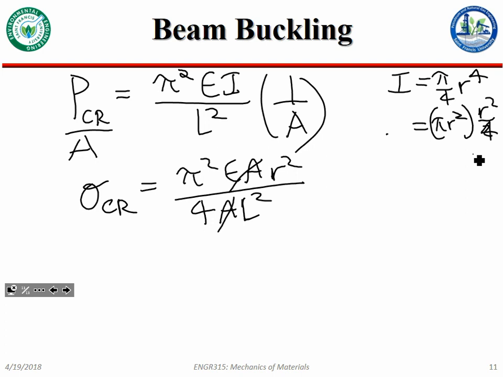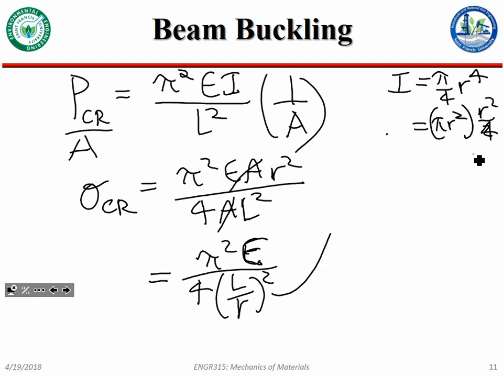Because I have area in the numerator and the denominator, I can get rid of area entirely on this side and regroup it one more time to get something like this. So pi squared E divided by 4 L over R quantity squared.